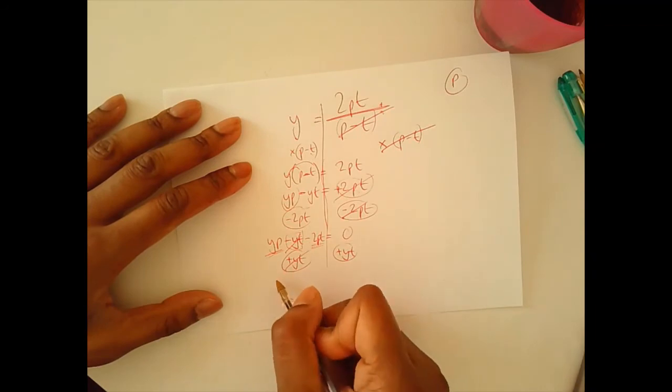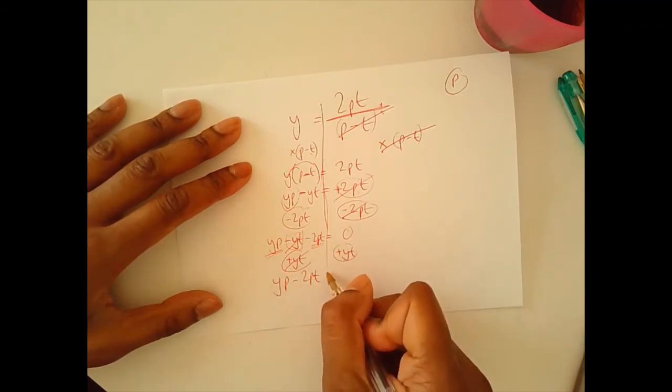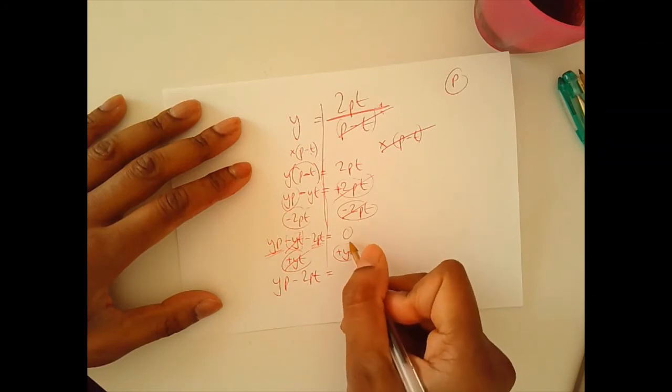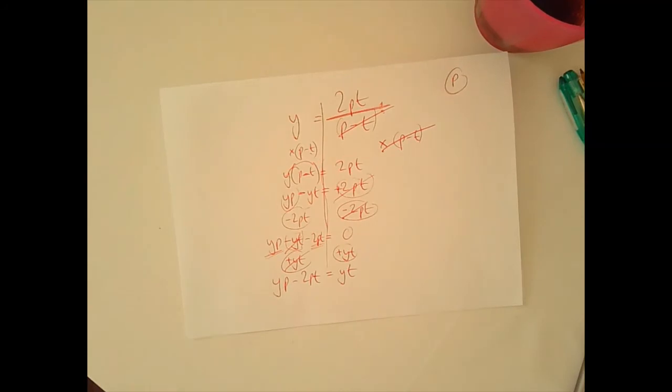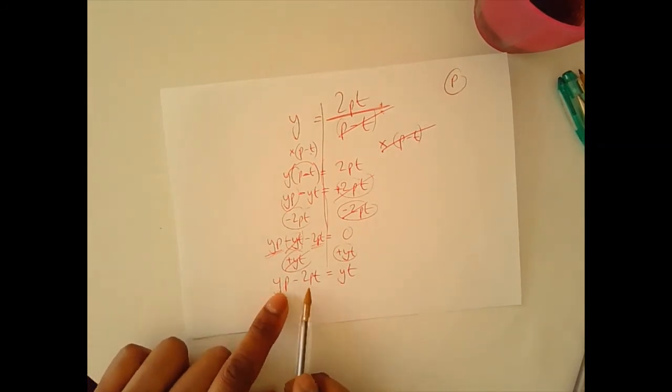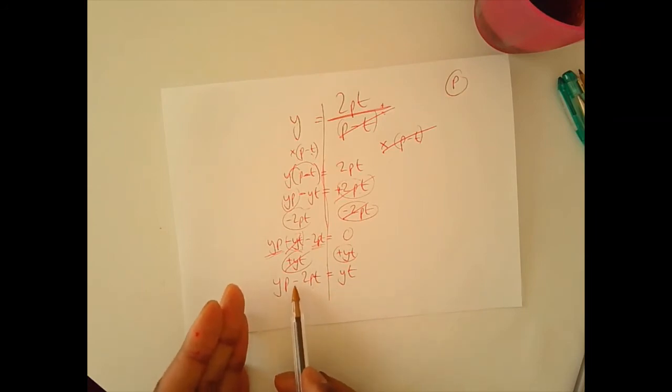So these will cancel, you're left with zero plus yt, well, it's just yt, isn't it? Still, I've got two p terms here. All right, I'm a little bit happier now because I've got all the p terms on one side of the line.